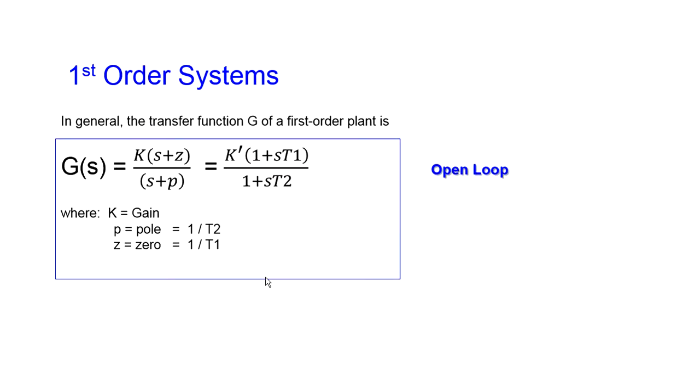In general, the transfer function of a first-order plant is given by this expression: G equals K times S plus Z, Z being the so-called zero, divided by S plus P, P being the pole. This is equal to K times 1 plus S times T1 divided by 1 plus S times T2. 1 divided by T1 is the zero, and 1 divided by T2 is the pole of the system.